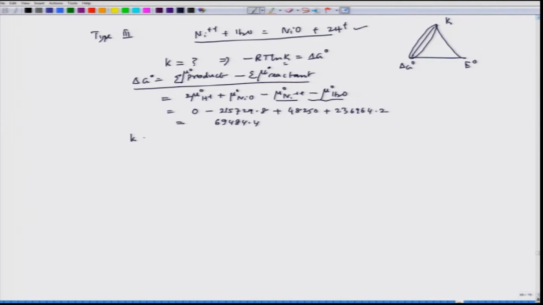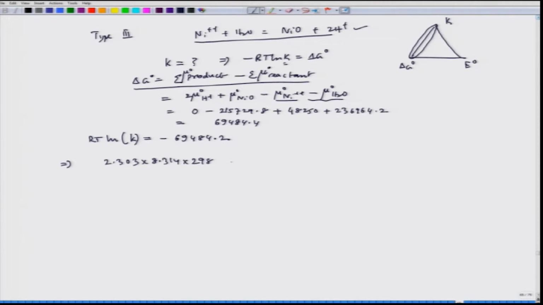So, RT ln K is equal to minus 69,484.2. We can do a little bit of juggling with this K. Instead of RT ln K, I can write 2.303 into 8.314 into 298 Kelvin.